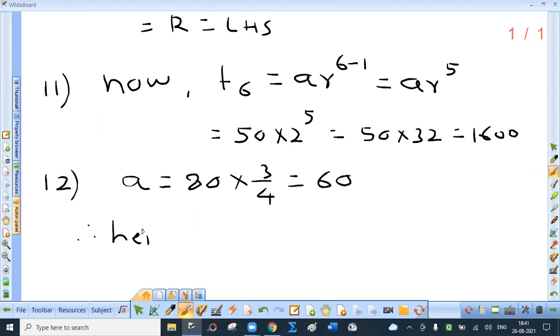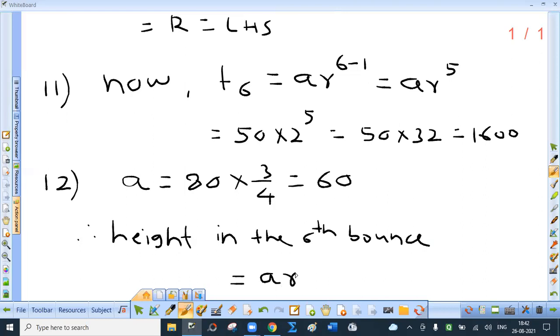Therefore, height in the 6th bounce equal to a into r raised to n minus 1 is the formula, but here n equal to 6.